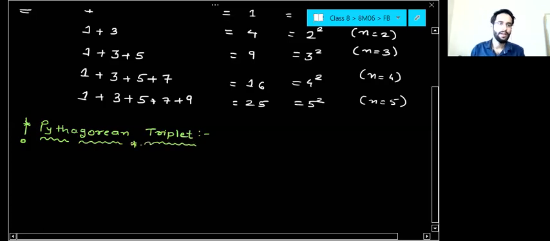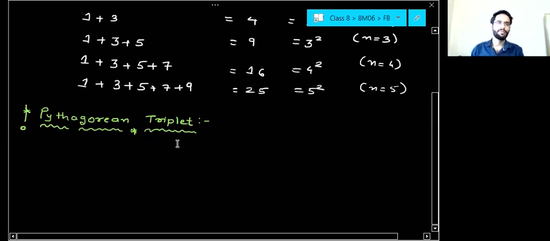Okay, Pythagorean triplet, everyone. Who will tell me? Yes, Pythagoras was a mathematician. Yes, Rohan, will you tell me?